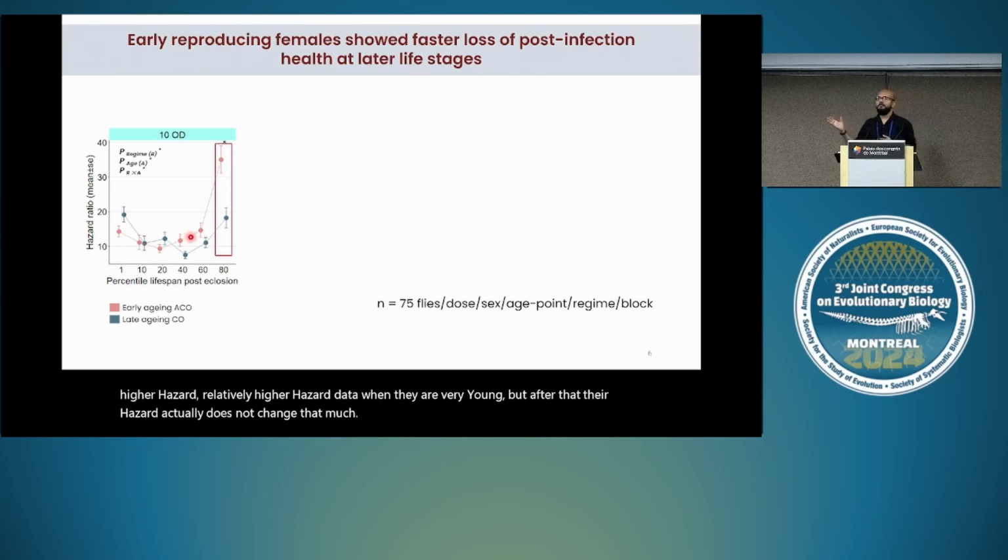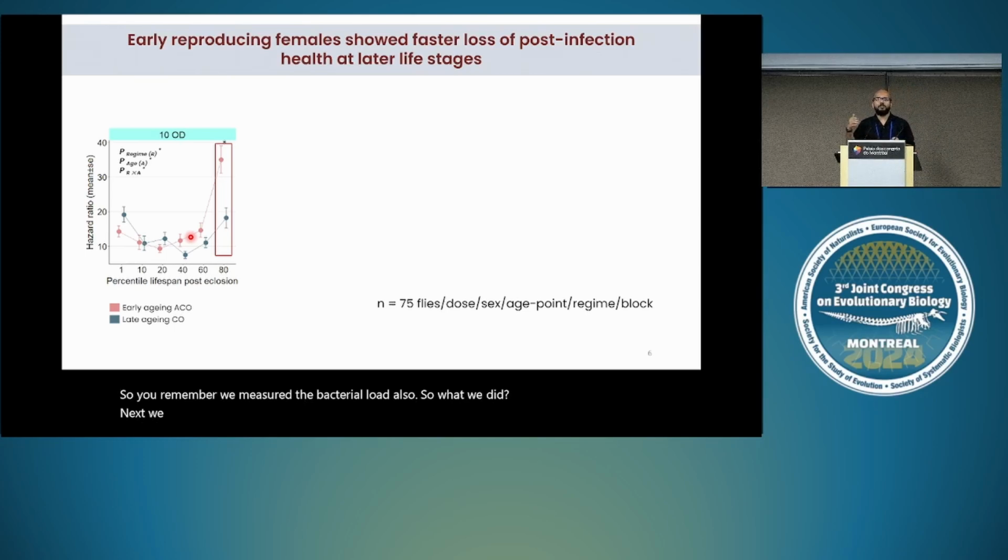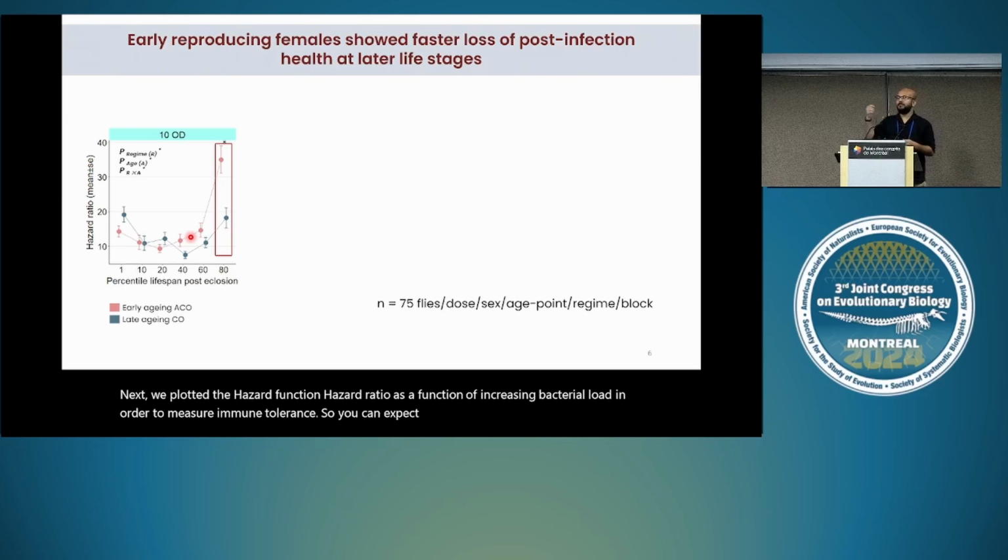You remember we measured the bacterial load also. So next we plotted the hazard ratio as a function of increasing bacterial load in order to measure immune tolerance. You can expect that as the bacterial load increases, the hazard function will also increase, and a higher slope means a less tolerant genotype.